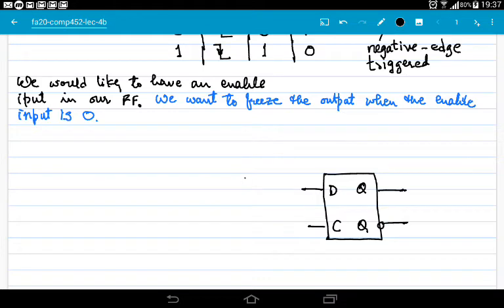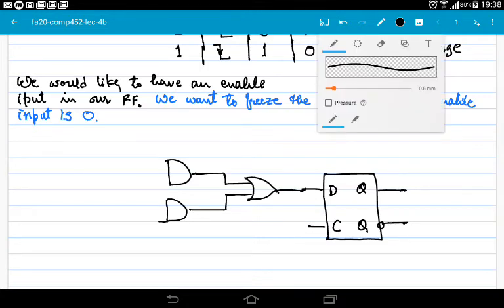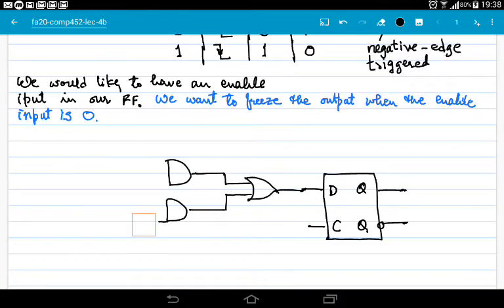At the input we have an OR gate, and then we have an AND gate, and again we have another AND gate, and this is the D input of the flip-flop.